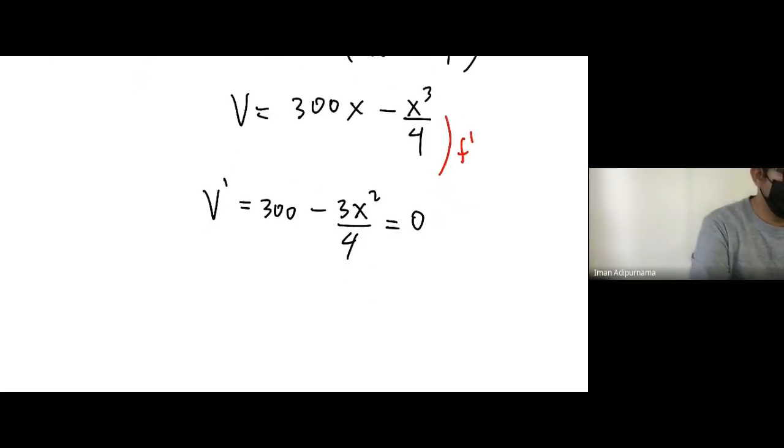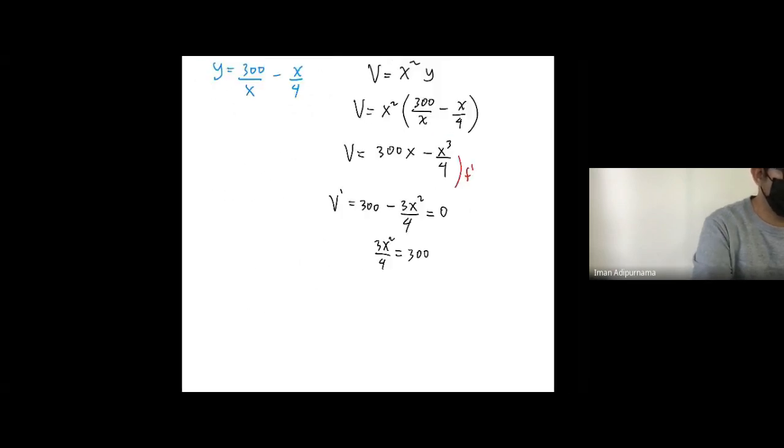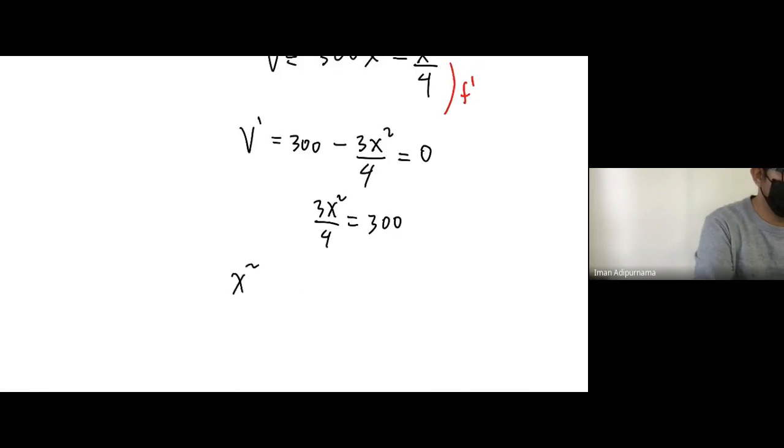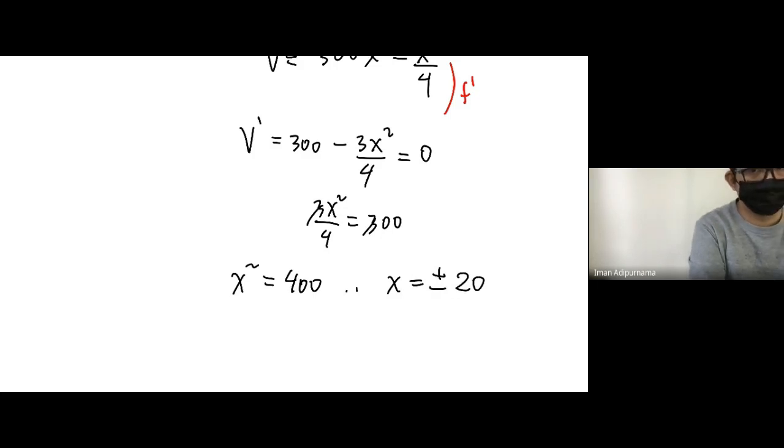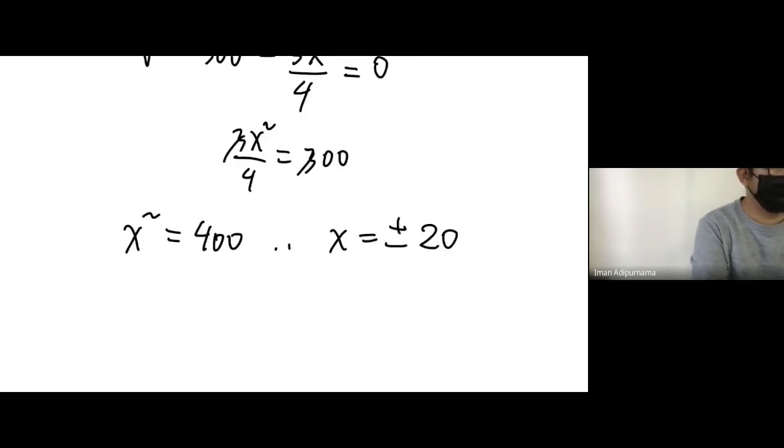From the critical number, we take 3x squared over 4 equal to 300. Then x squared will be 400, or x will be plus or minus 20. The result should be positive because that is the one that we need, so we take the positive.